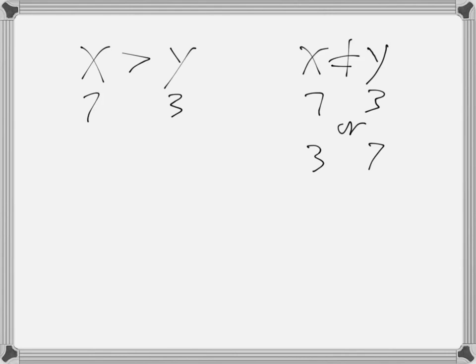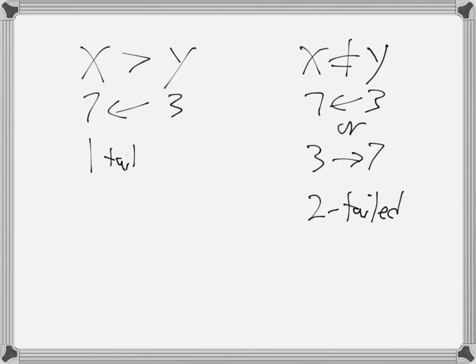That's what we mean by two-tailed. Are you tracking with me? This one is one-tailed. This has to go bigger that way. This could go bigger that way or that way. Not equals has two tails to it, whereas greater than or less than only goes one way. It's a one-tailed test.